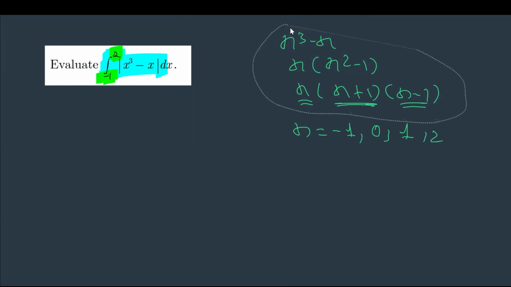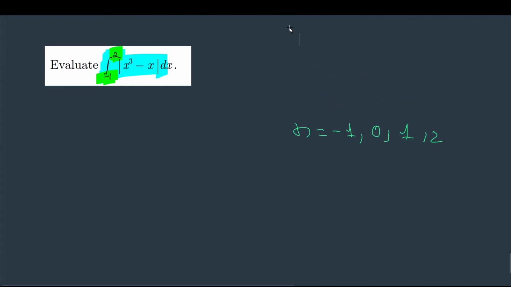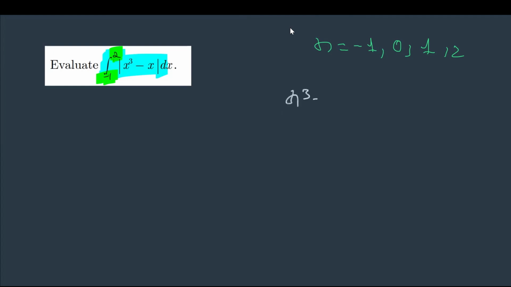Now once we found the limit over here, next thing we are going to do is to check the sign of the function on the different values of x or different limits. So we have x cubed minus x, right? I'm not splitting, I'm rewriting this function for x belonging to minus 1 to 0, so that is x greater than minus 1 and less than 0 in this limit.